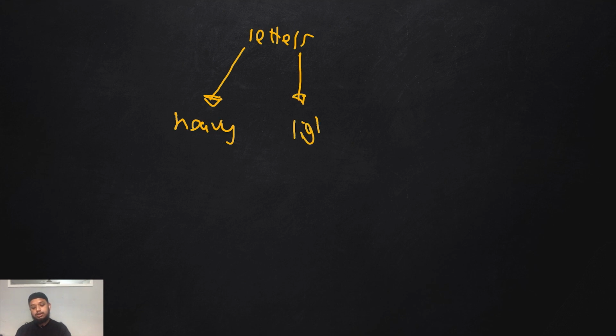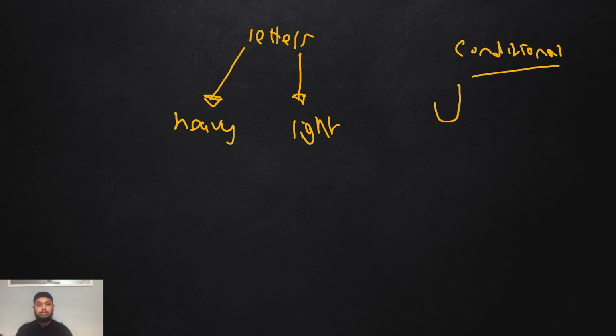So to recap, Arabic letters can be heavy and they can be light, and there are 2 conditional letters which can be heavy or light depending on certain conditions. These are the lam in the name of Allah.